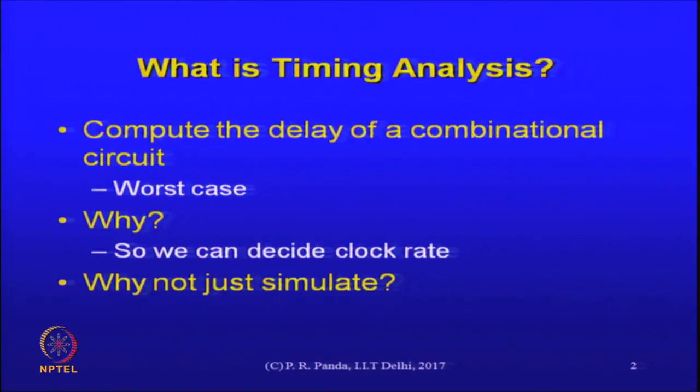Okay. What are we trying to do? We are trying to statically compute the delay first of just a combinational circuit. The delay is the worst case, irrespective of what data you give on its input, you say that this is the worst delay. Why is this useful? Of course, it is of fundamental importance.